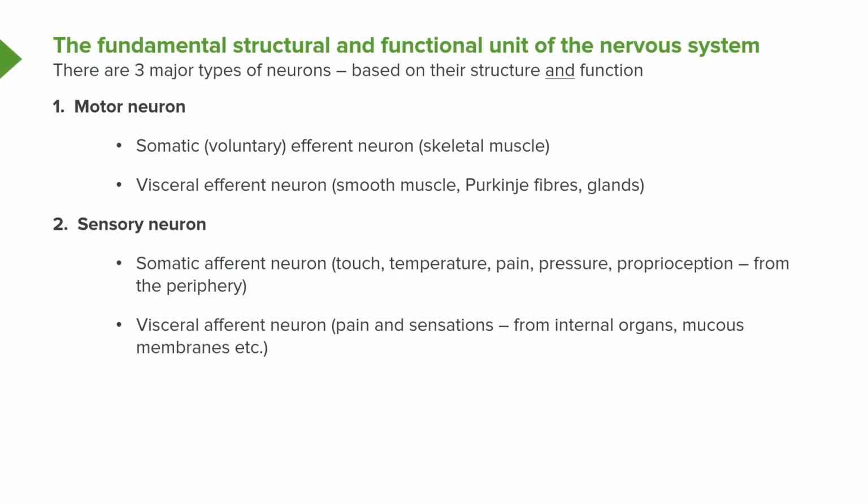The next type of neuron is the sensory neuron. And again, we have somatic components and visceral components. The somatic sensory neurons are from the periphery, and they give us information about touch and temperature, pain and pressure, and various other sensations that we are aware of.